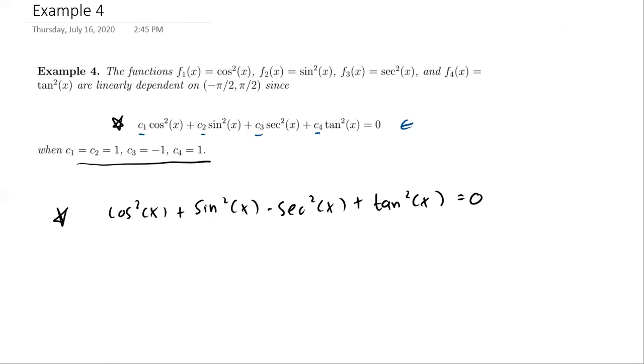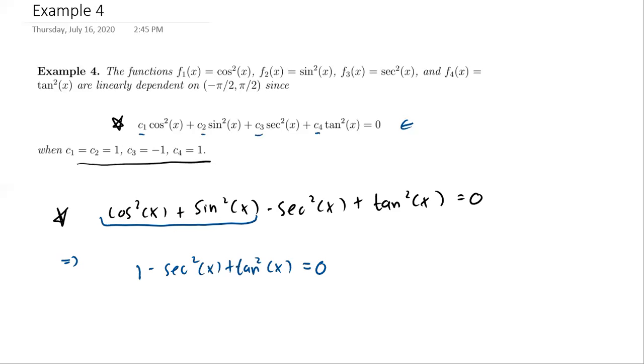And in fact, we can check that this is the case using some linear algebra, some trigonometry. We know from trigonometry that cosine squared plus sine squared equals 1 for all x. Doesn't matter what x is. So we can rewrite this equation as 1 minus secant squared plus tangent squared.